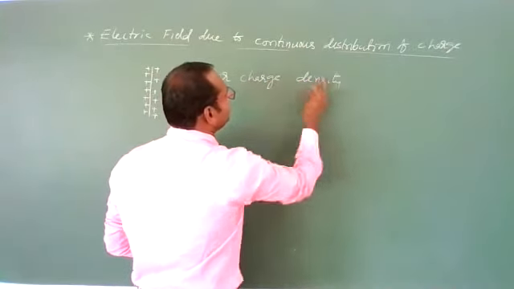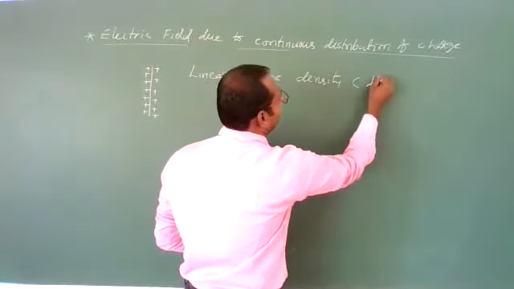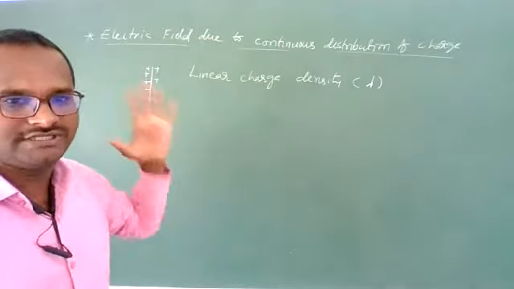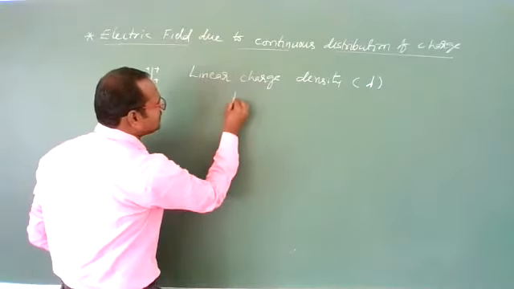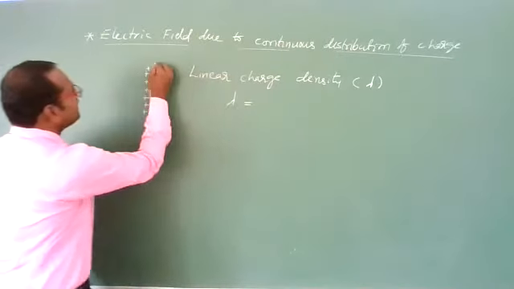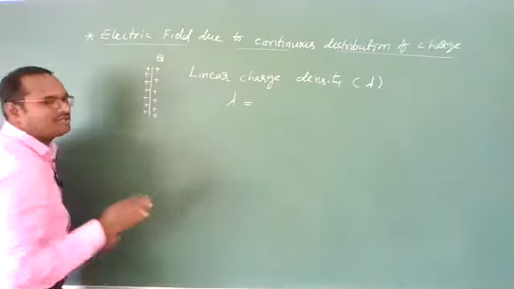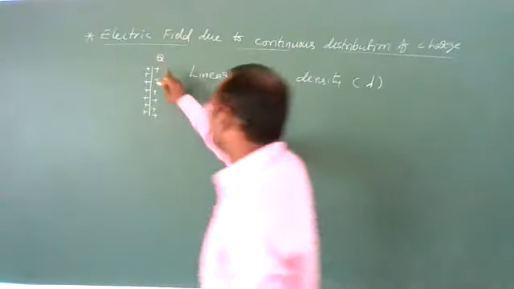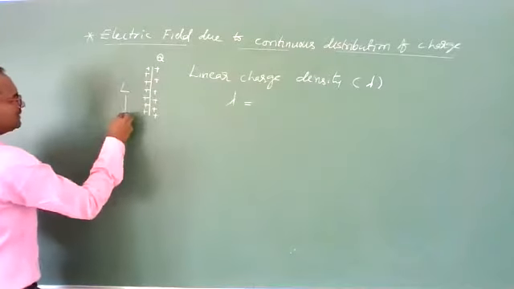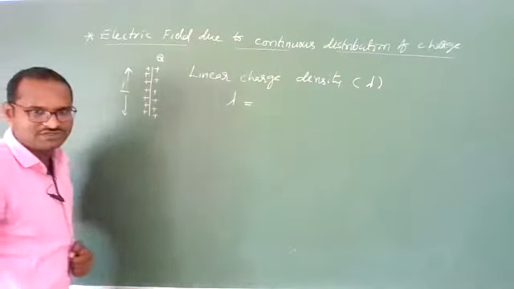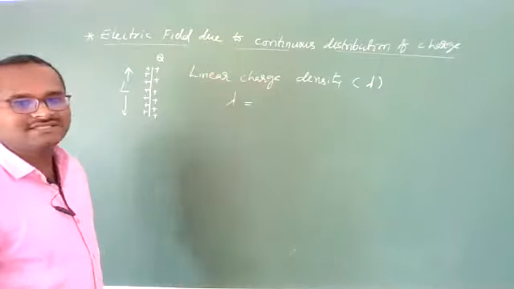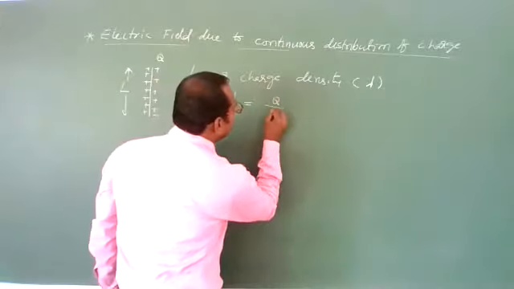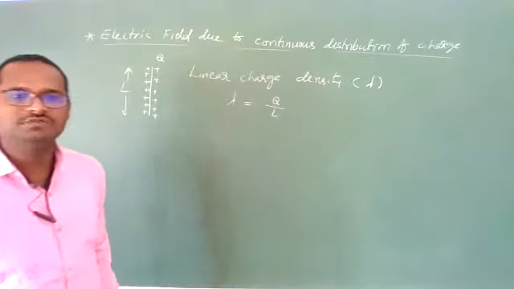We will represent this with the symbol lambda. There linear mass density, here linear charge density. So linear charge density is defined as follows: let us suppose charge Q is present on the rod, and the rod is of length L. Then linear charge density is the charge distributed over length L, charge per unit length.